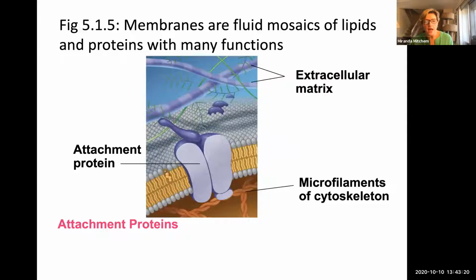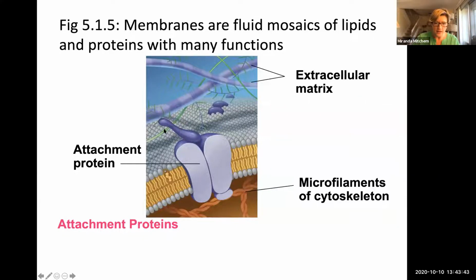All right, next in our discussion of different types of proteins in the cellular membrane are what are called attachment proteins. The key thing about attachment proteins is they are attaching to something. The name is telling us. So we're looking here at attachment to the cytoskeleton inside the cell.